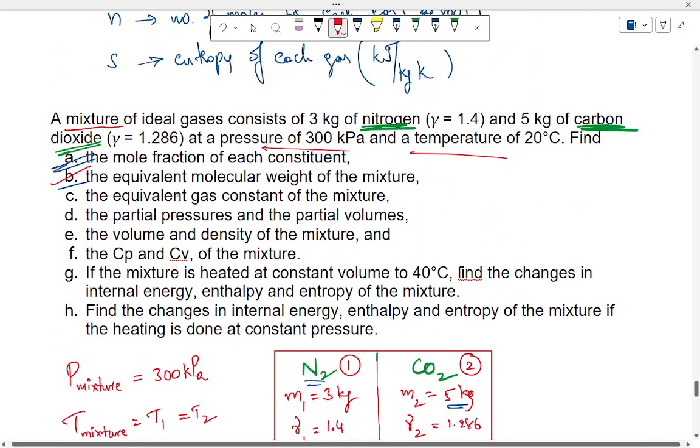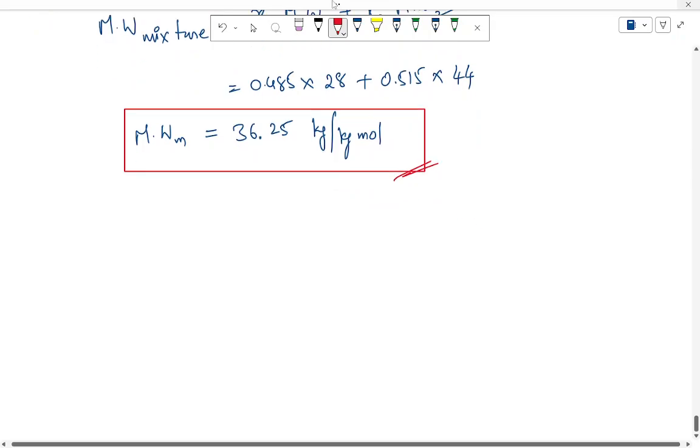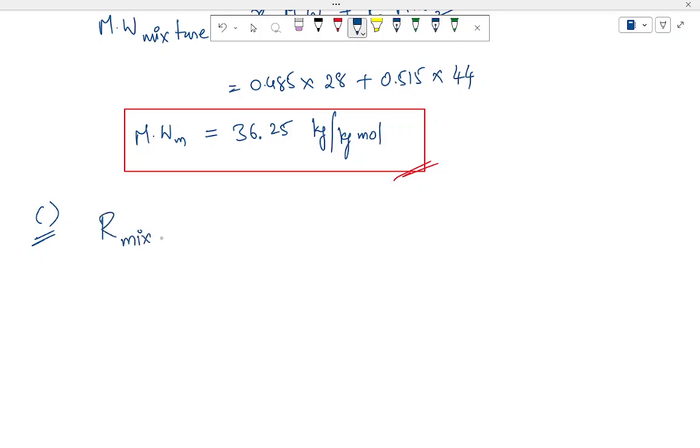Question B is done, and then question C, equivalent gas constant of the mixture, means he is asking you to find out the characteristic gas constant value R for mixture. That is the question. This formula we already know. R mixture is nothing but M1R1 plus M2R2 by M1 plus M2.